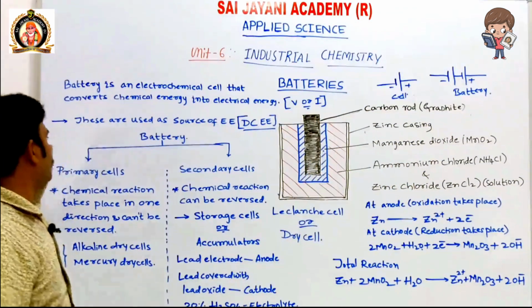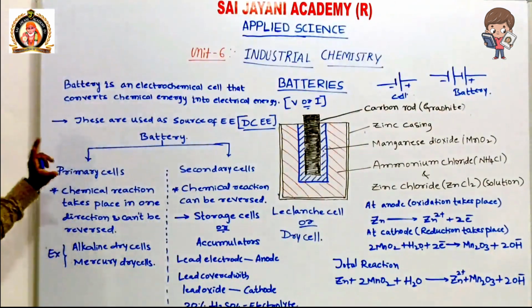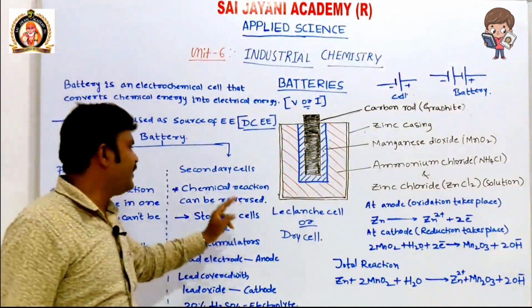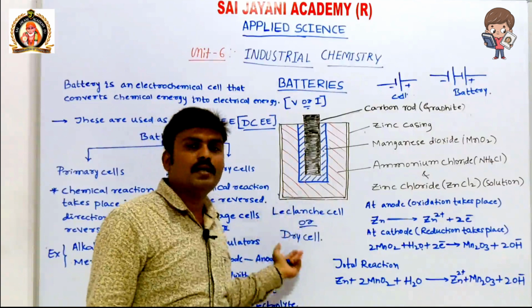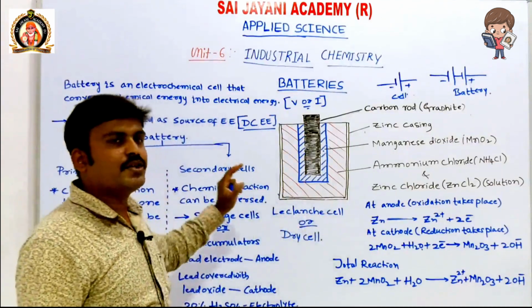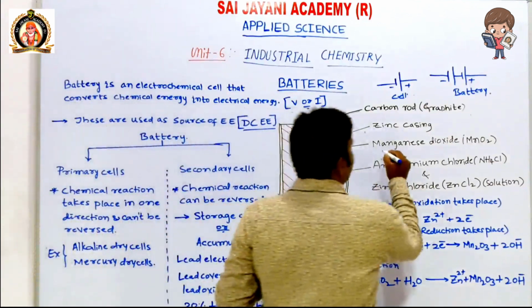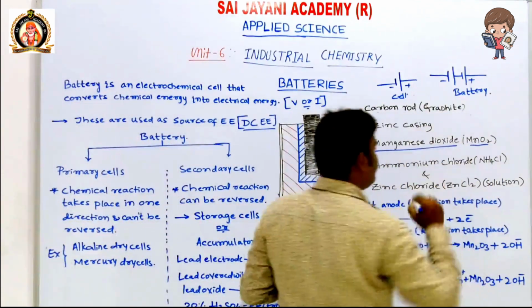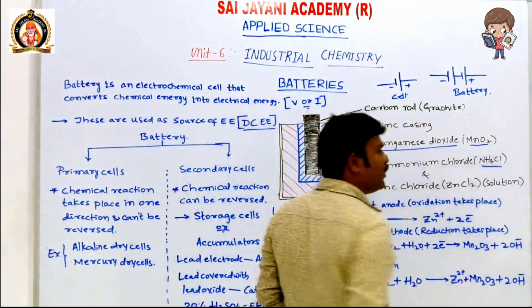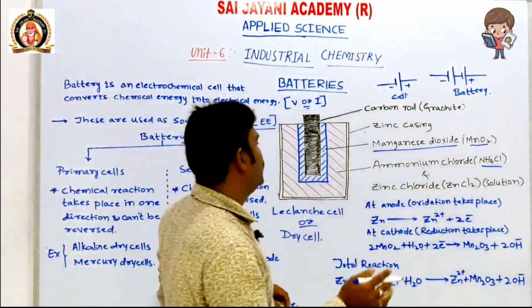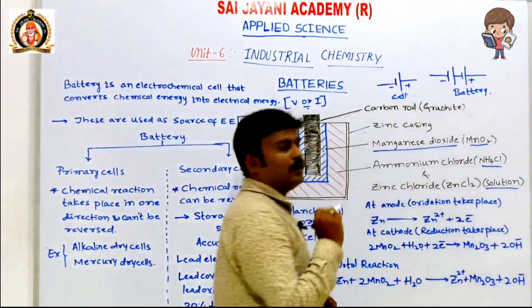Right? Now let us discuss the primary cells, how the construction will be. The best example for a primary cell is a Leclanche cell or a dry cell. This is the construction of a primary cell. It consists of manganese dioxide, MnO2, paste, and ammonium chloride, NH4Cl, which is also a paste, with zinc chloride, ZnCl2, as the solution.